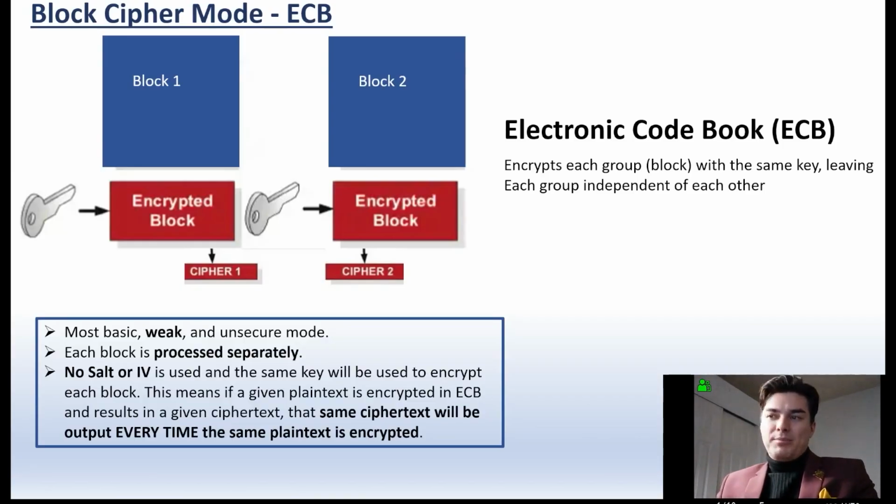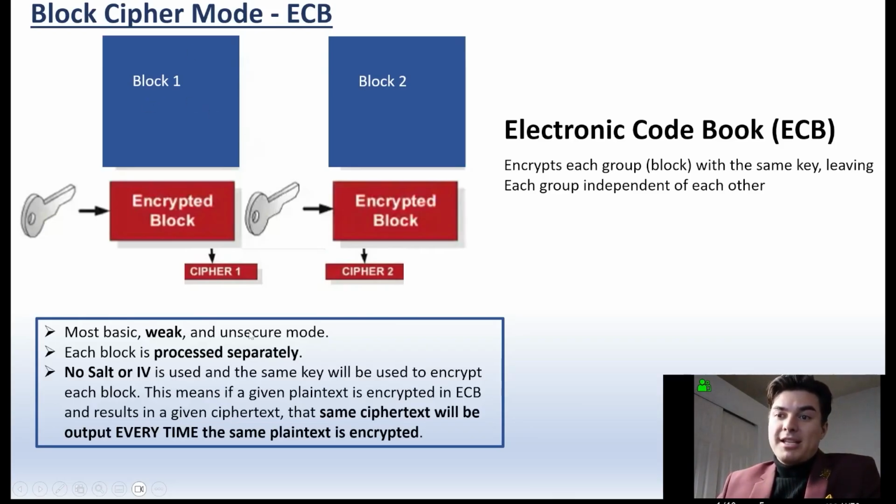This is the most simple cipher mode here. Block 1 is just data, the first set of data. And with the key, this is an encryption method such as Advanced Encryption Standard. It takes the data, encrypts it, and outputs this ciphertext. What you really need to know about electronic codebook is that this was the original cipher mode, and that it's weak.